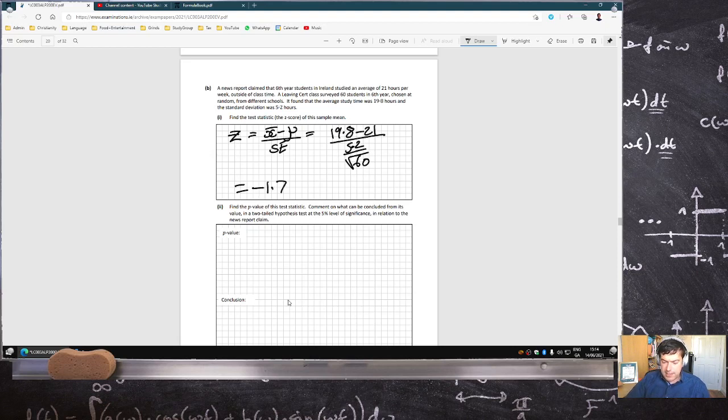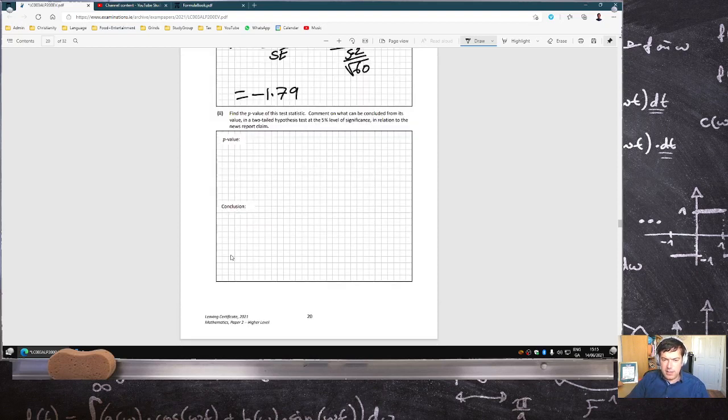Minus 1.79. I can only look up 2 decimal places, so I'll round it to 2. Find the p-value for this statistic and comment on it.